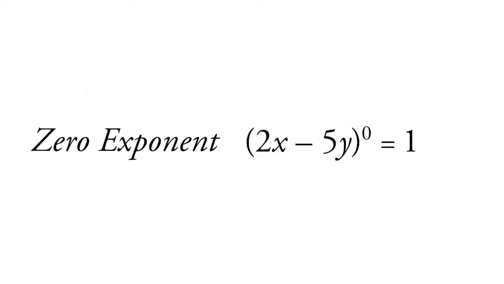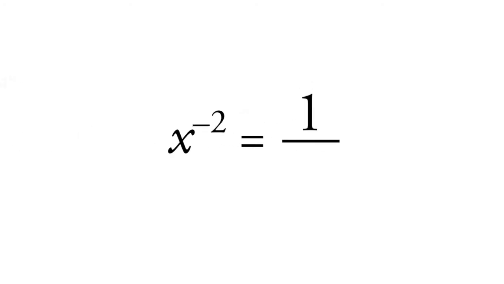We have x to the 0 is equal to 1. So anything to the 0 is equal to 1. You almost certainly remember that. That's just kind of a hard and fast rule. If we have something that's a negative exponent, like x to the negative 2, that's equal to 1 over x squared. So if we have a negative exponent, we can turn that into a positive exponent and put the whole term on the denominator.